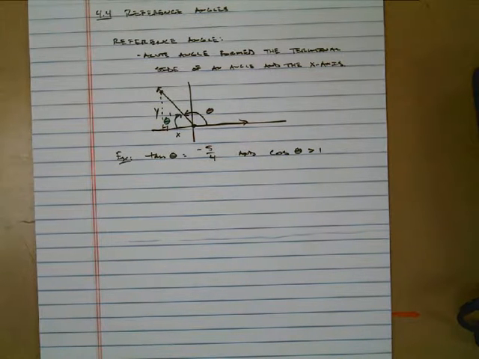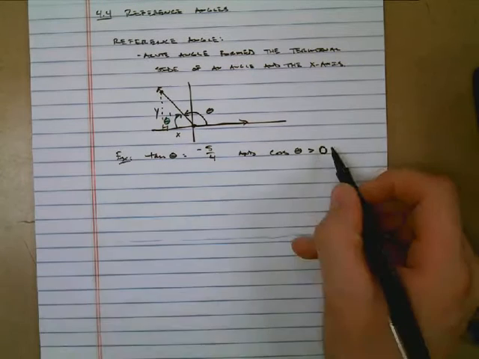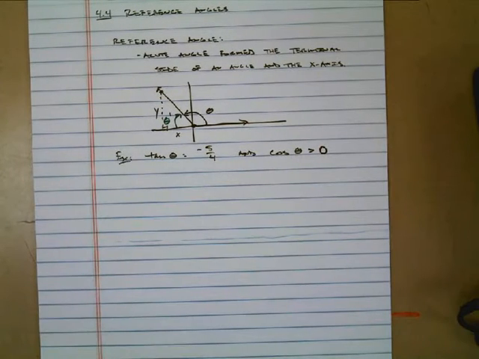All we know is that the tangent of theta is negative 5/4, and the cosine is, I'm sorry, not greater than 1. That's impossible. Greater than 0. Cosine's never greater than 1 because the largest x value on the unit circle is 1, so it can't go any higher. We'll get to that tomorrow.